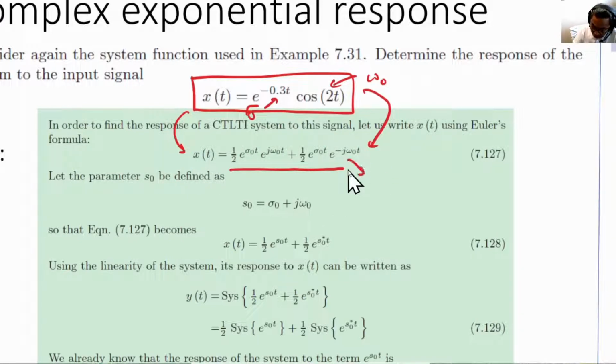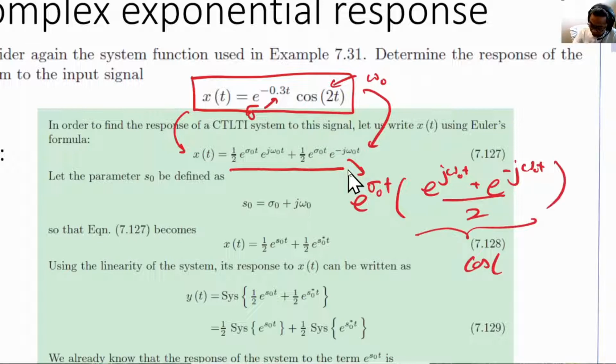Now let's study this expression carefully: e to the sigma naught t multiplied by e to the j omega naught t plus e to the minus j omega naught t, divided by 2. So this is the cosine 2t, and therefore now we understand that this half and this half came from this expression over here through Euler's formula.